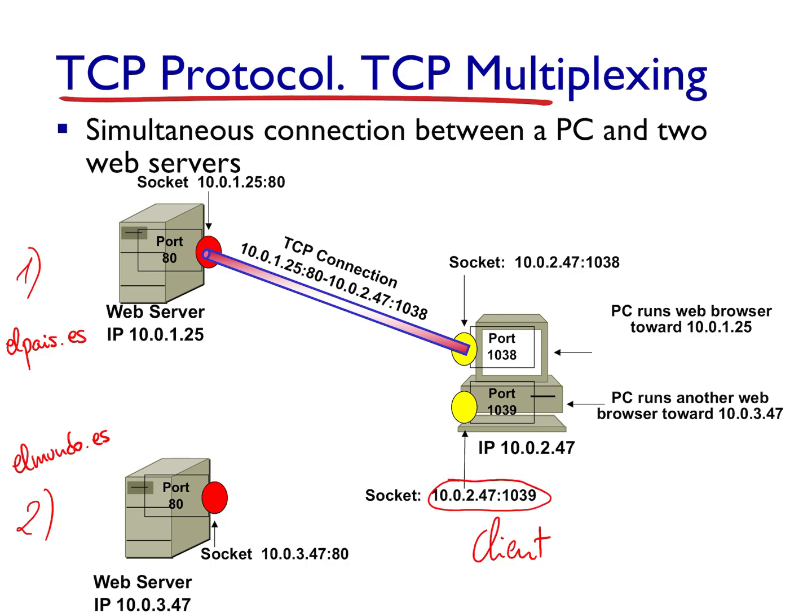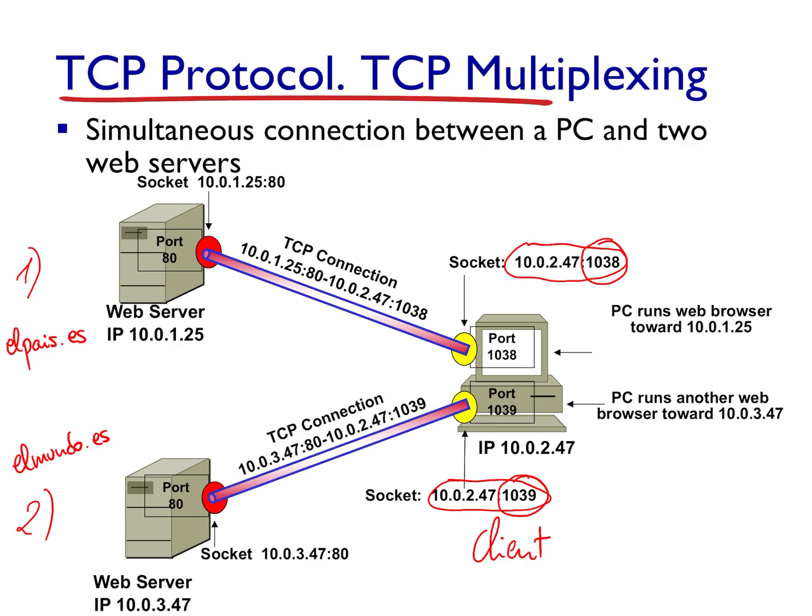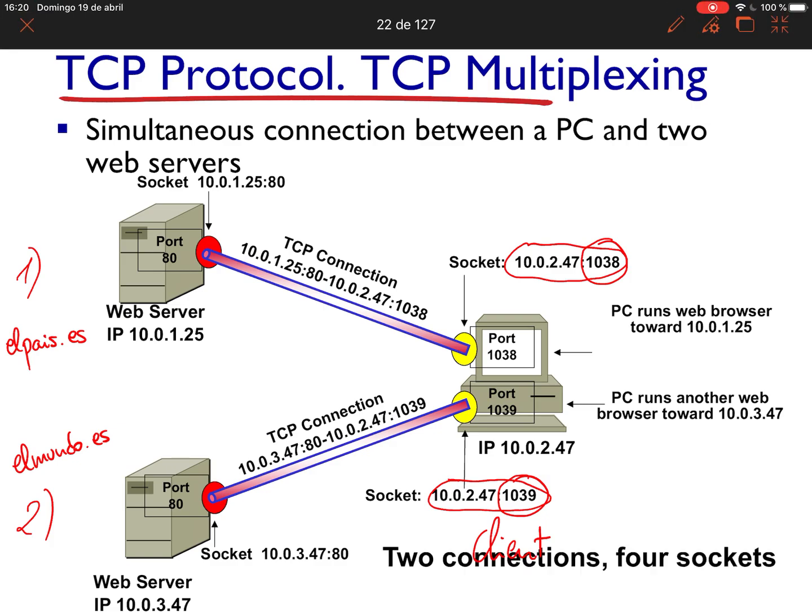This socket is different from this one by changing the source port, and then the TCP connection is established and identified thanks to the two sockets. So in this case, we have 2 connections and 4 sockets.